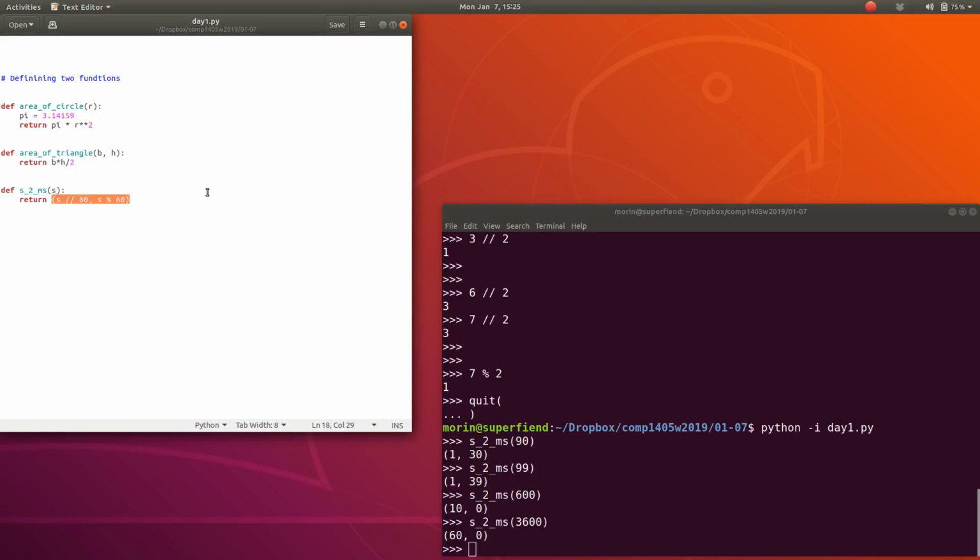If I want to make a function return 2 values, I just have to put a comma between the 2 values I want to return, and to make it look nice, I can put brackets around it, but even that's not necessary. So it returns something that's called a tuple. In this case, it's a 2-tuple consisting of 2 values, the time in minutes and then the remaining time in seconds.